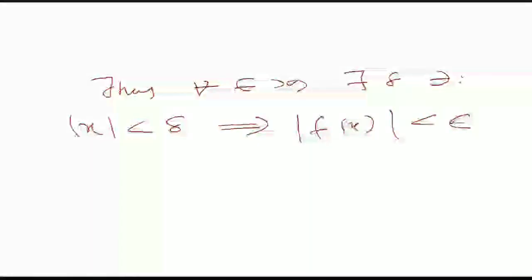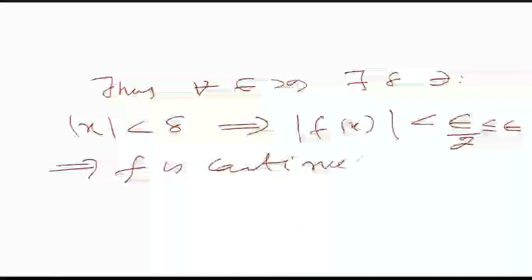Or you choose first 2 epsilon, then you can write here less than epsilon by 2, because it's less than or equal to epsilon, therefore it's strictly less than epsilon. So this means that this f is continuous at 0.